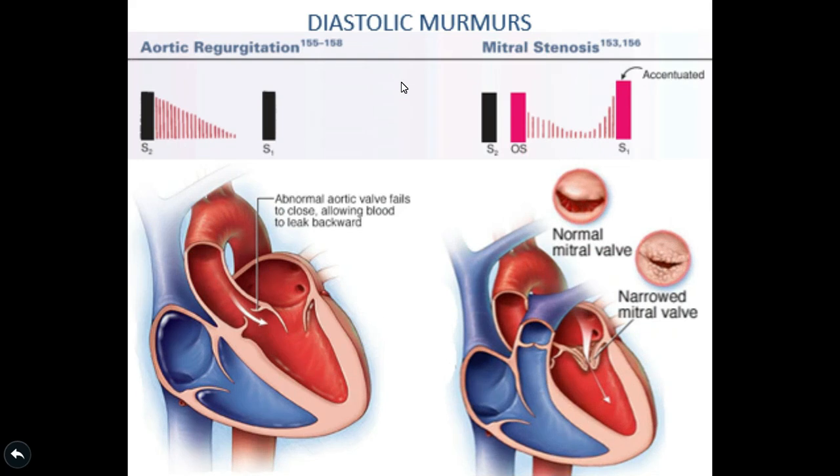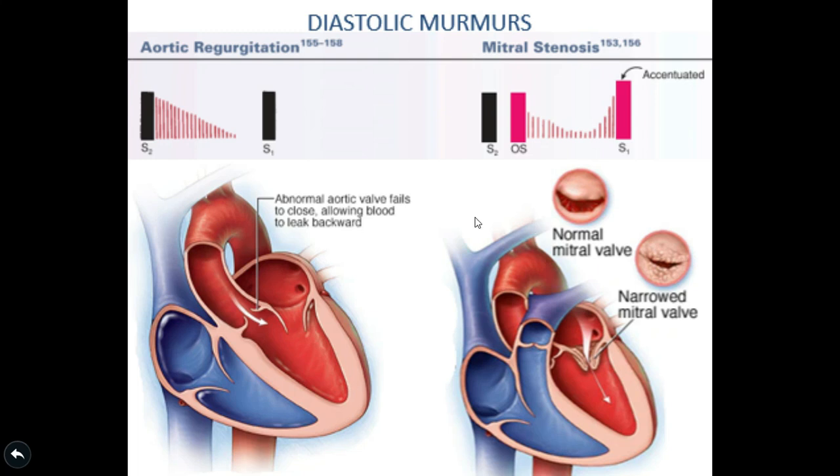For the diastolic murmur, remember again, when the heart relaxes, what valve should be open? The mitral valve. But in patient with aortic regurgitation, there's abnormal blood flow from aorta to the LV, so it leaks backward.